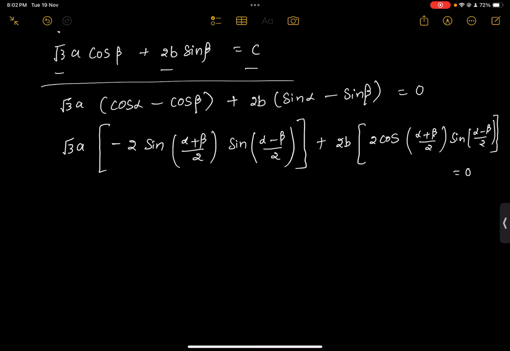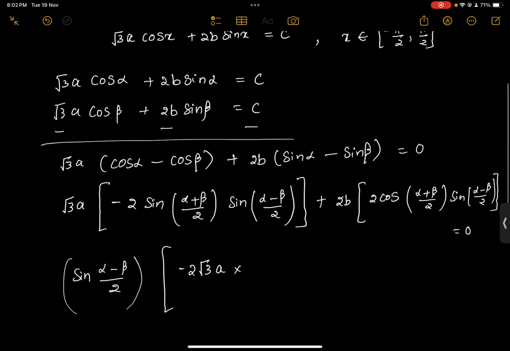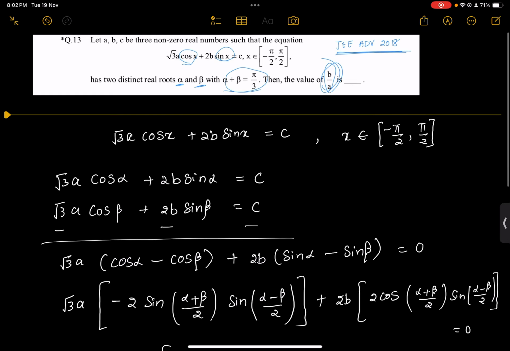So sin (alpha minus beta by 2) is common here. So minus 2 root 3a sin (alpha plus beta by 2). Alpha plus beta is pi by 3. This is given in the question.